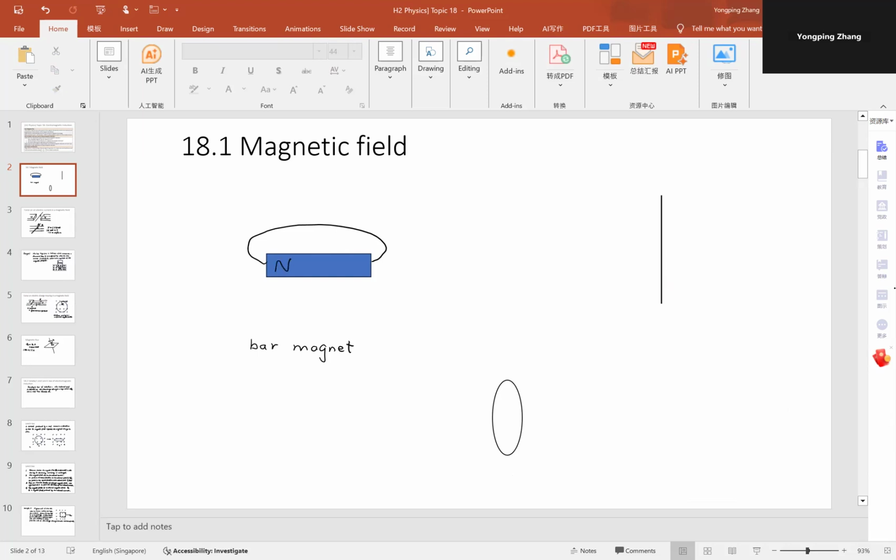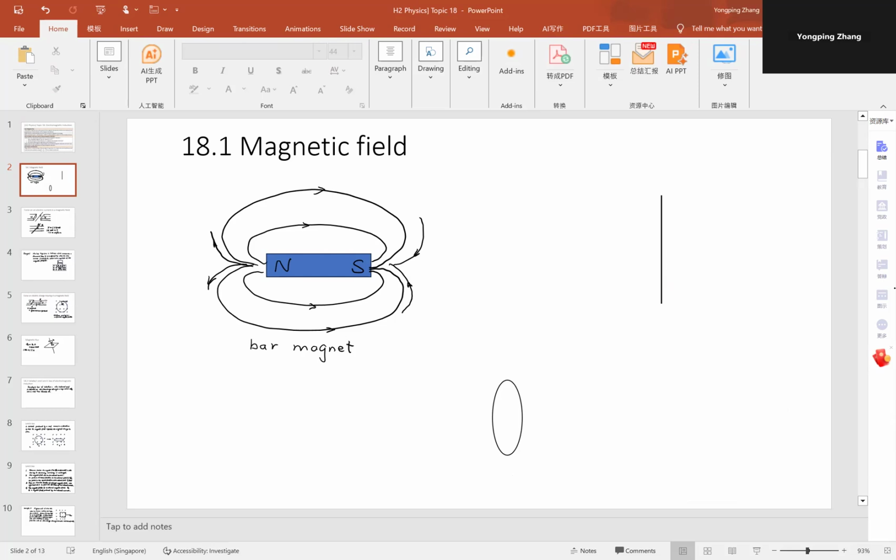This is N, this is S. Magnetic field. This is the magnetic field for the bar magnet.